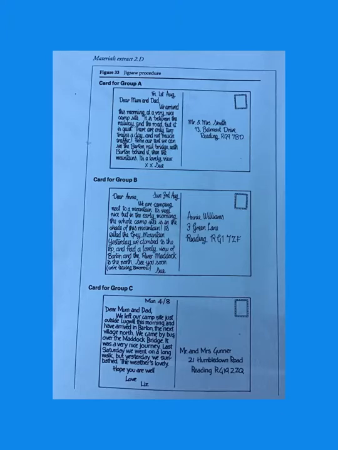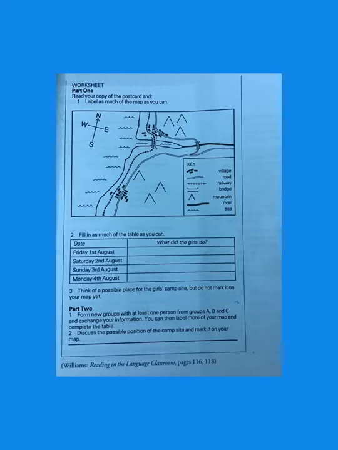So here we go further with jigsaw activity by now taking the worksheet. So label as much of the map as you can and fill in the table as much as you can. So by looking at those cards, reading, those are actually kind of like primary source documents.